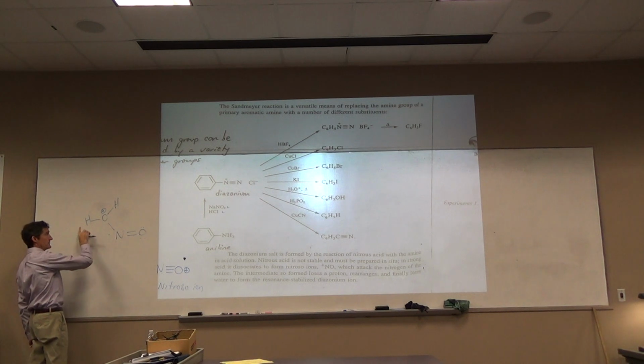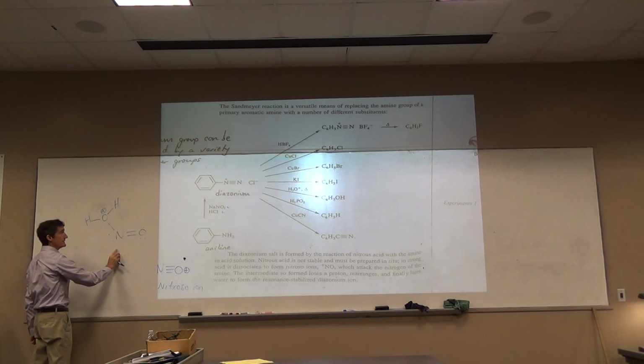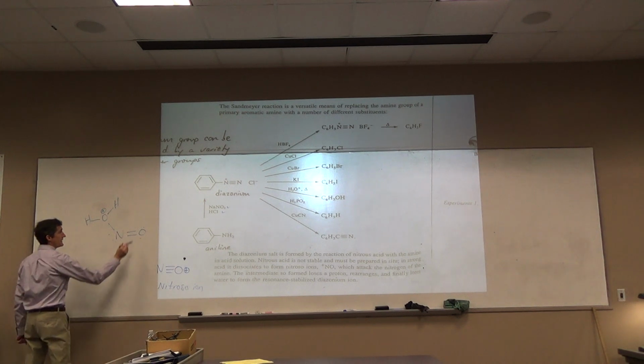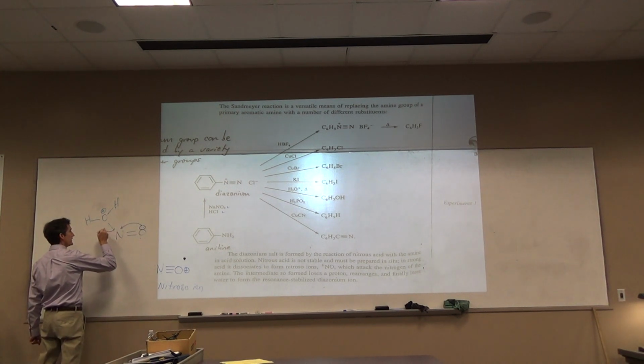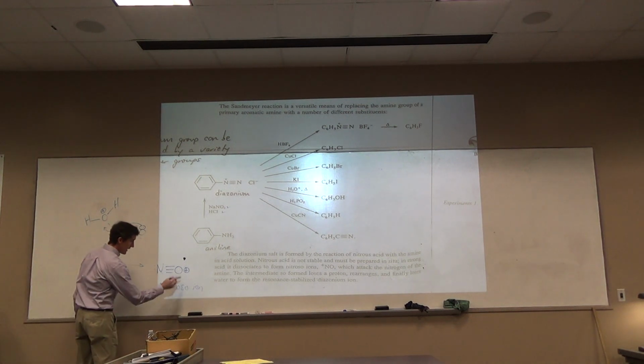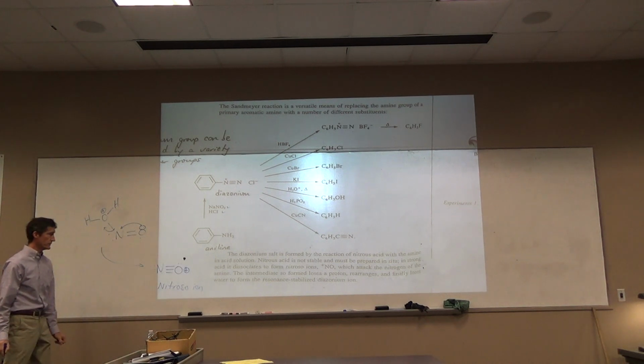It protonates it once to go neutral, nitrous acid. Then it protonates it again to get to this point. And now these electrons can move in here and kick this off. And what does that lead to? Nitroso ion? Yes, that gives you your nitroso ion. Yeah, there is one lone pair there, yes, good.